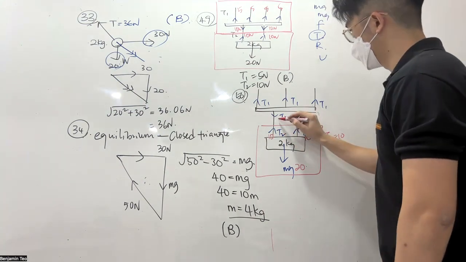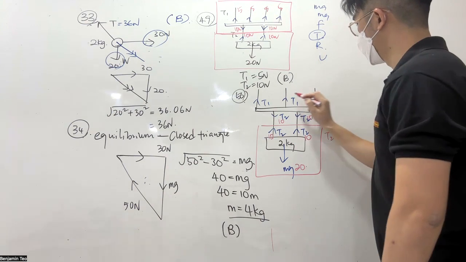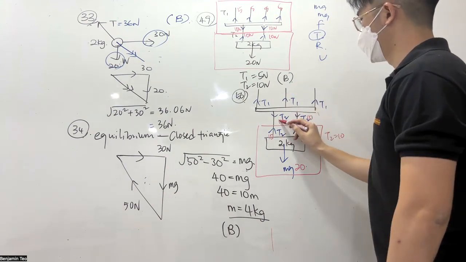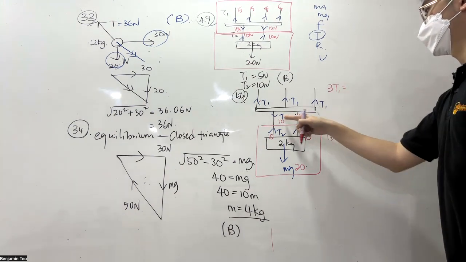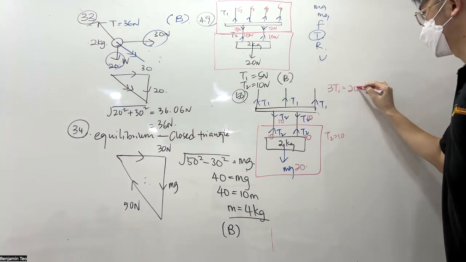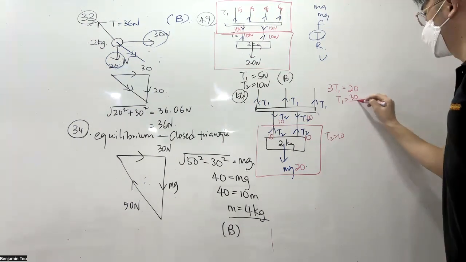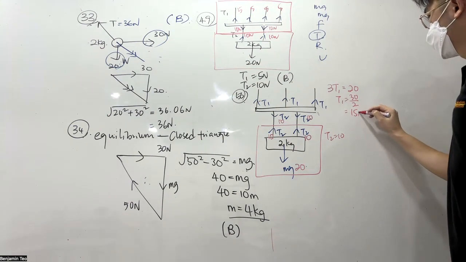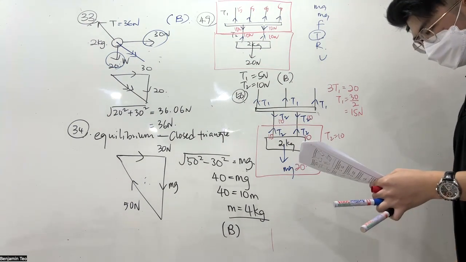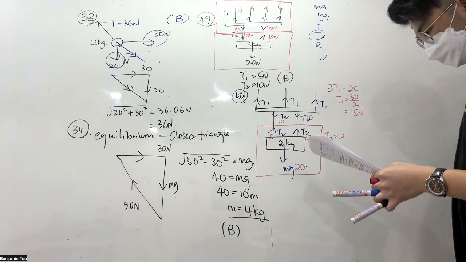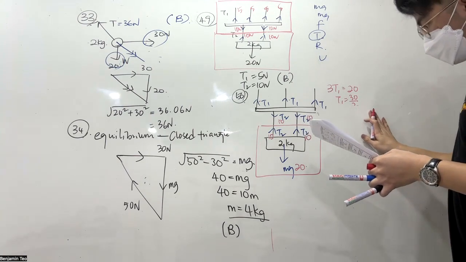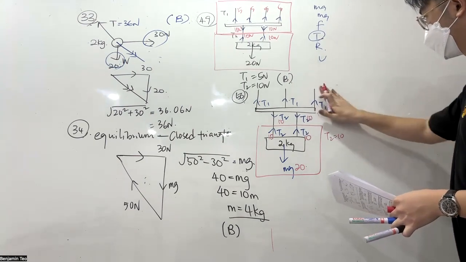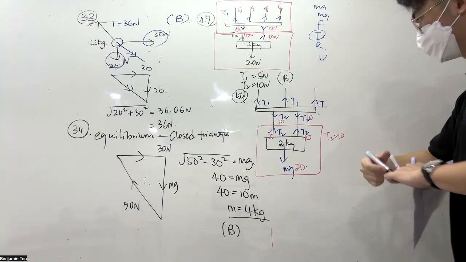T2 is 10, this is 10, this is 10, this one is 20 divided by sin T1 等于20。Sorry. Oh, sorry. I forgot one thing is that the beam has mass also, right?